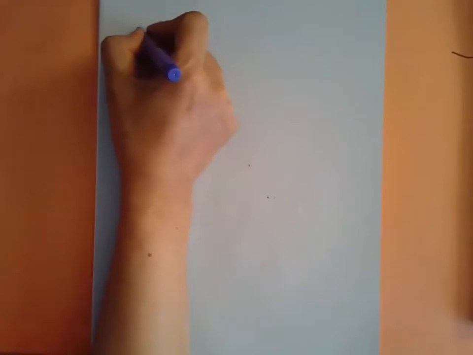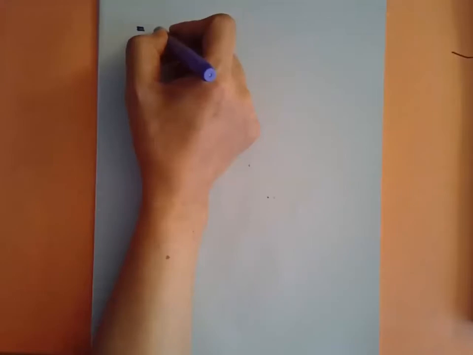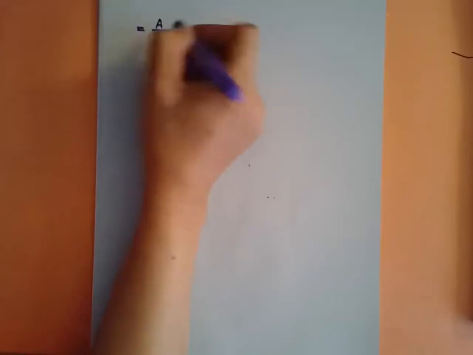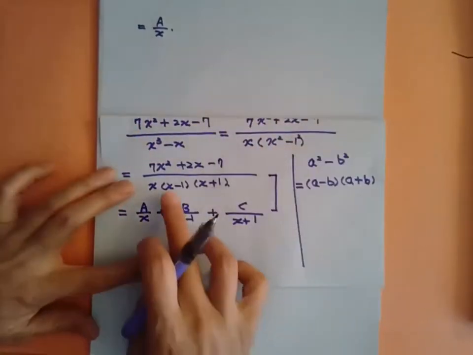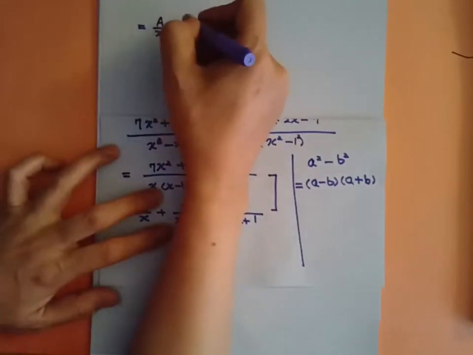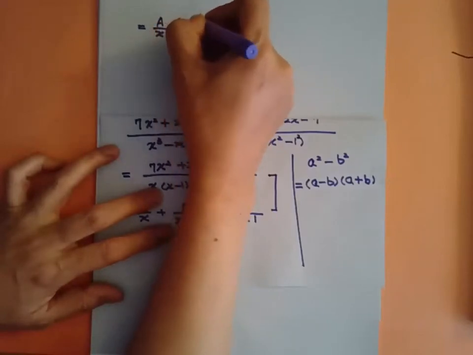The first one is a over x. To have the common denominator, we have to multiply by x minus 1, x plus 1, and we have to do that to the numerator and denominator.